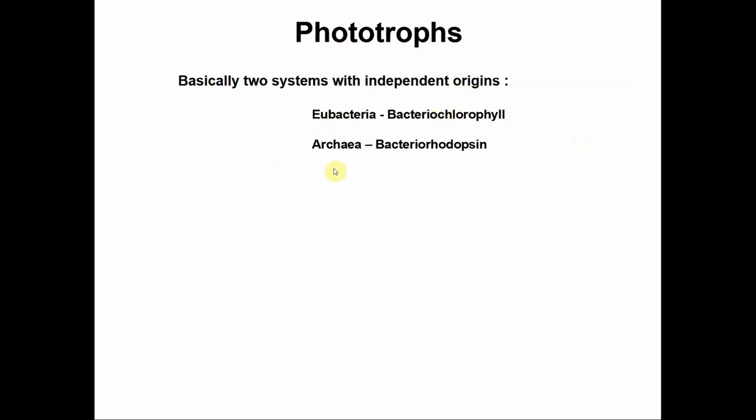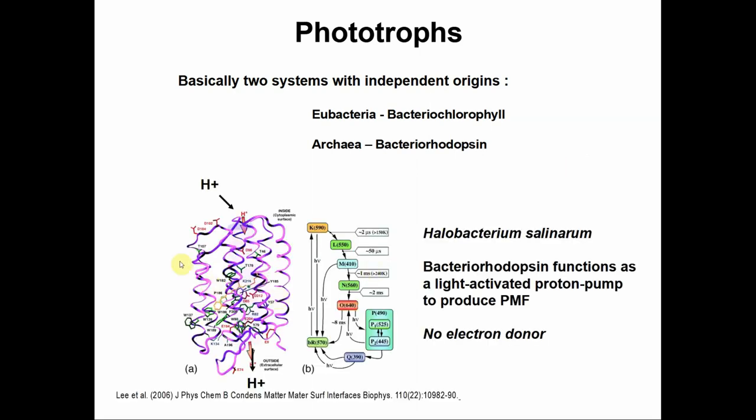So archaea, photosynthetic archaea, generate energy from light based on bacterial rhodopsin. Bacterial rhodopsin is a 7-transmembrane helix protein, which basically functions as a proton pump.